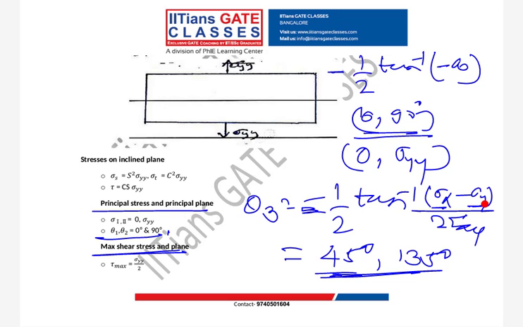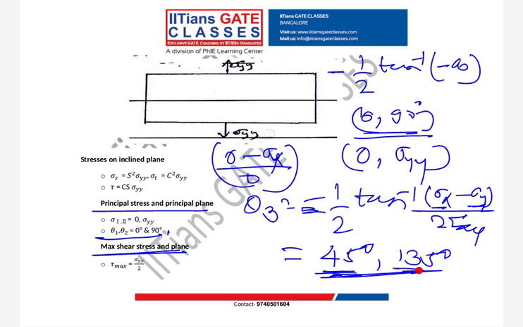So 0 minus something by 0 gives minus infinity. Yeah. Okay. Is it clear? I think now it is fine. So we got angles 45 degree and 135.